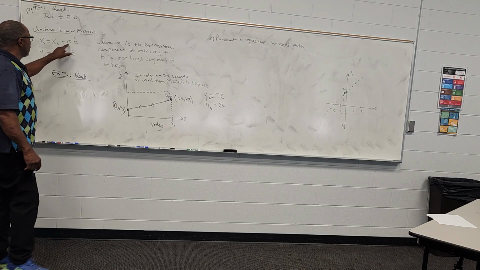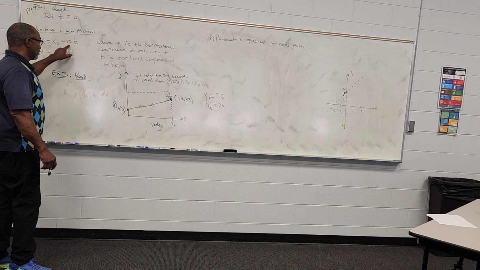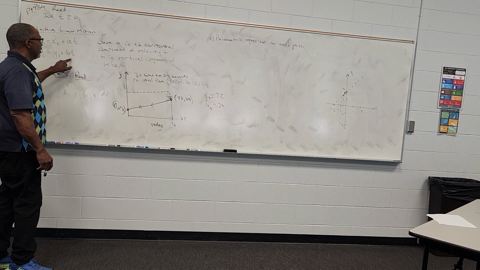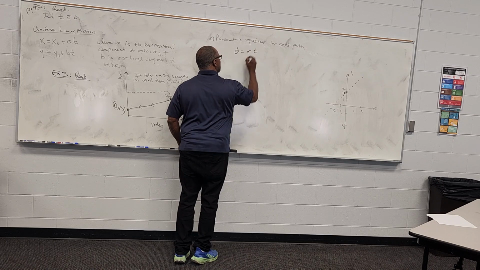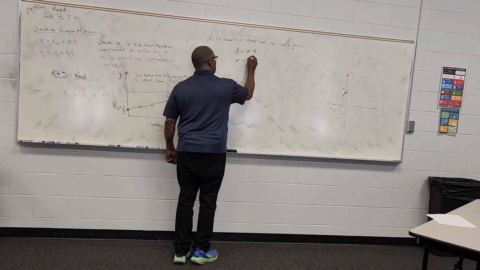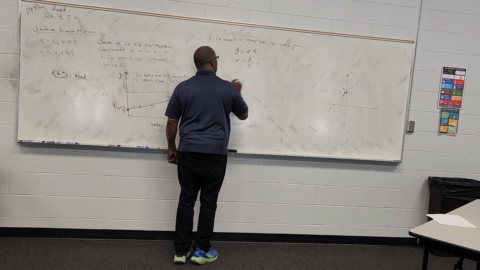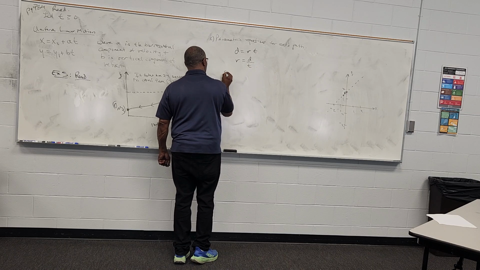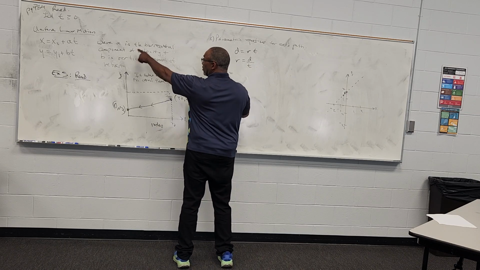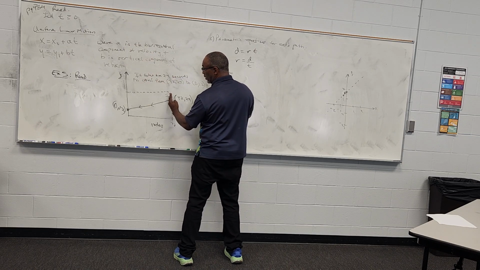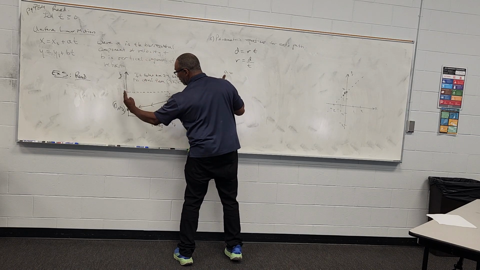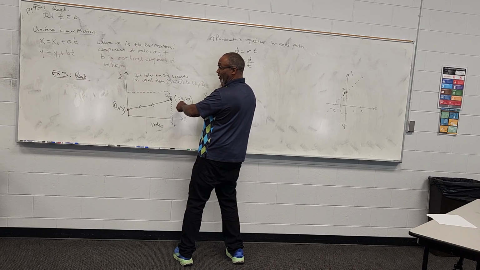Now, I also need to know his horizontal and vertical speed. We know for speed, distance equals rate times time, so the rate would be distance over time. A is his horizontal component. How far did he go horizontally from here to here? X is the horizontal axis.